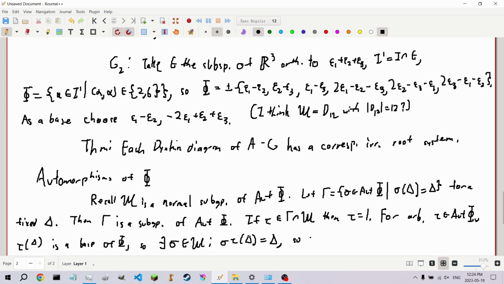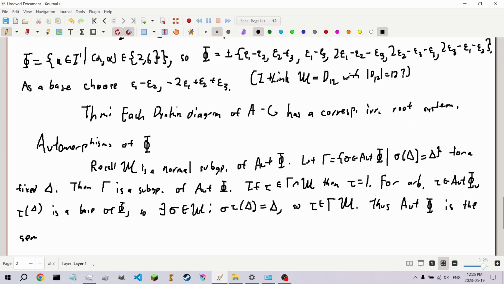So tau is an element of gamma times an element of the Weyl group. Thus we see that the automorphism group of phi is the semi-direct product of gamma and the Weyl group.